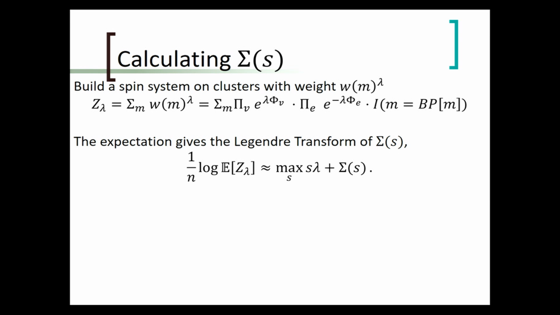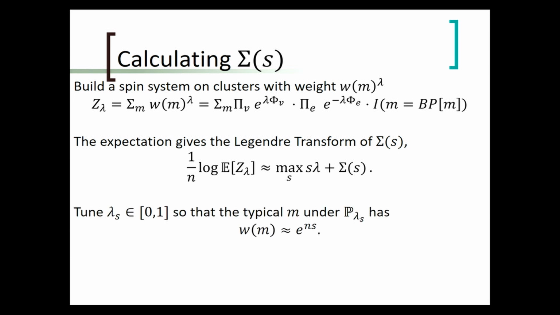So you can build a spin system, and at least try to calculate the expected partition function. And if you can do that for all the values of lambda, you'll get the Legendre transform of sigma, so you can back sigma out of that, and then make all the predictions that you want to.